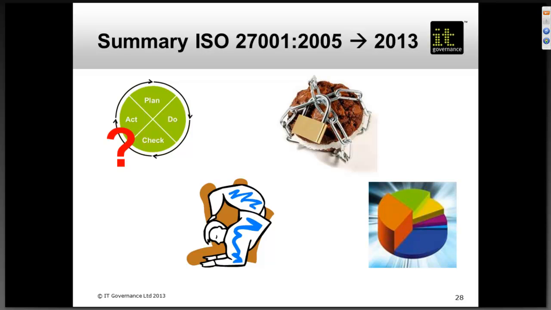The hard and fast requirement for an asset-based risk assessment, whether it be the chocolate chip muffin on the screen or, of course, your all-important data, well, that requirement is no longer mandated in the specification.